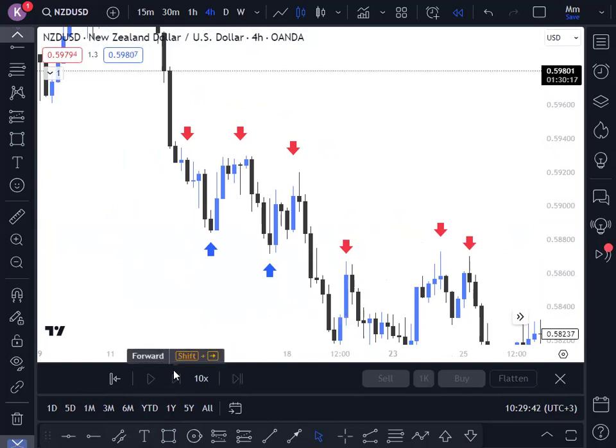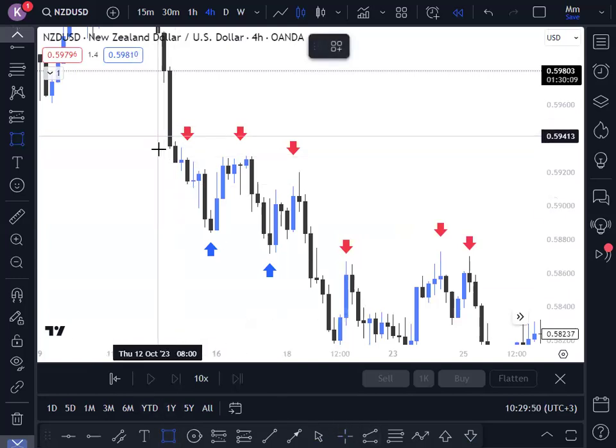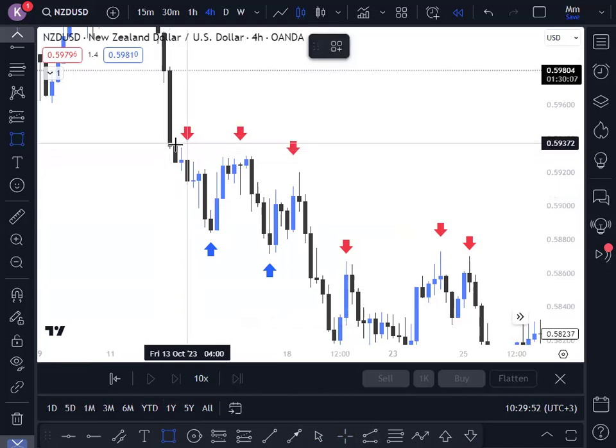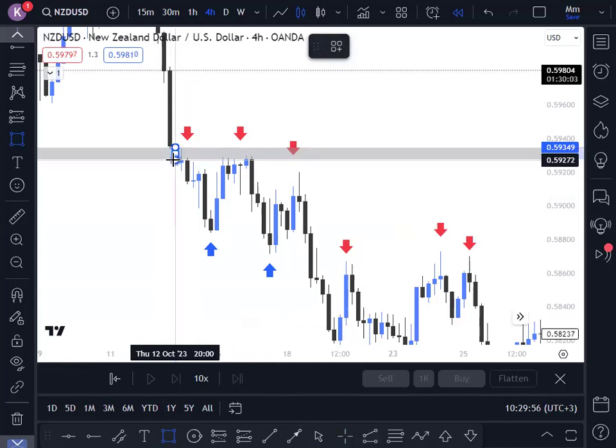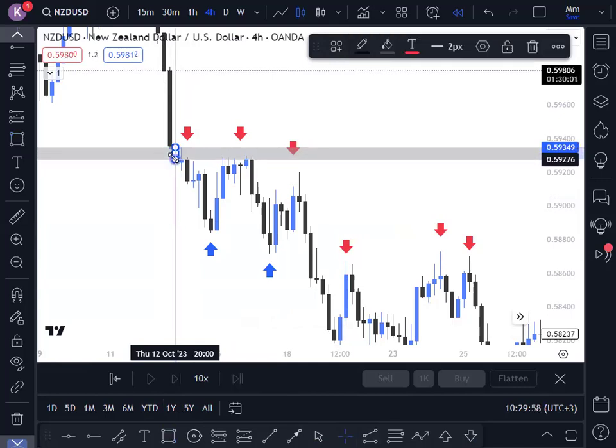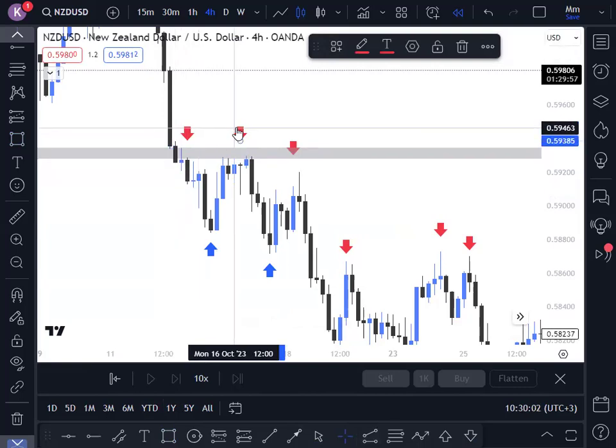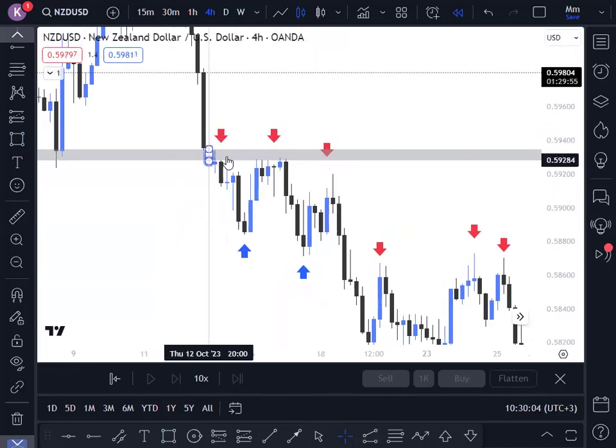When you want to mark your resistance, you mark from the highest point where the wick was, this shadow here at the end of it, and then you drag it to the lowest point where the body ends. So that should be where you want to mark your support and your resistance.